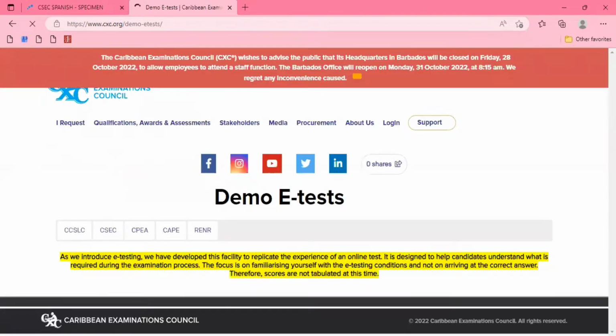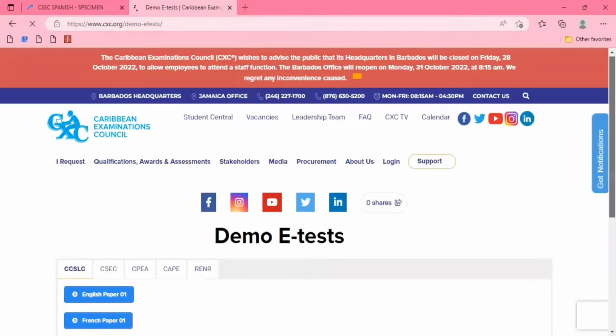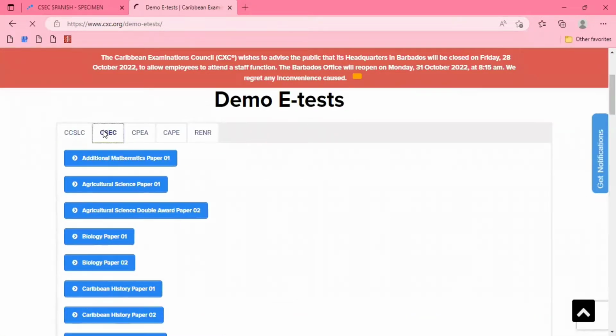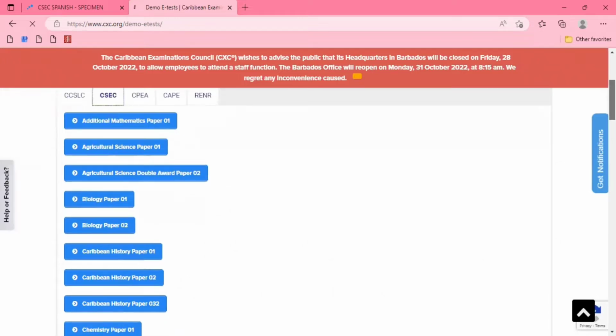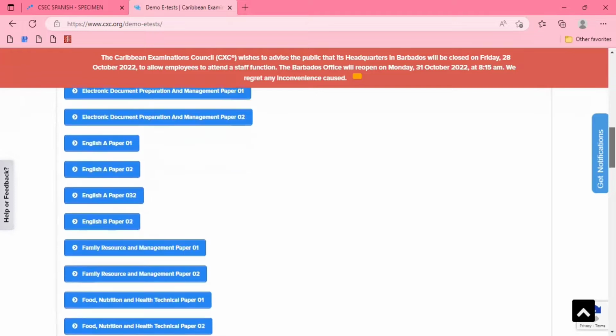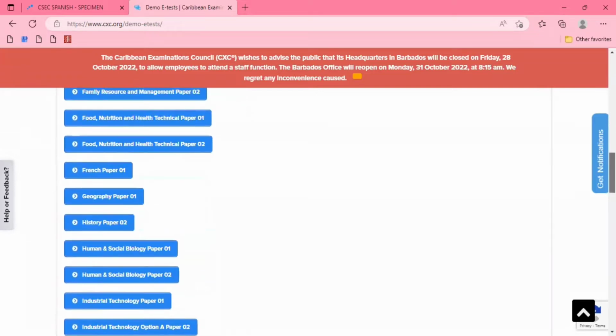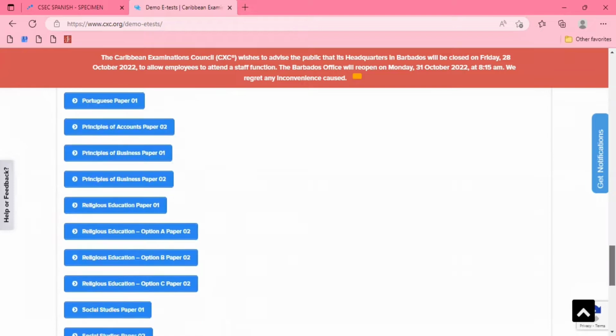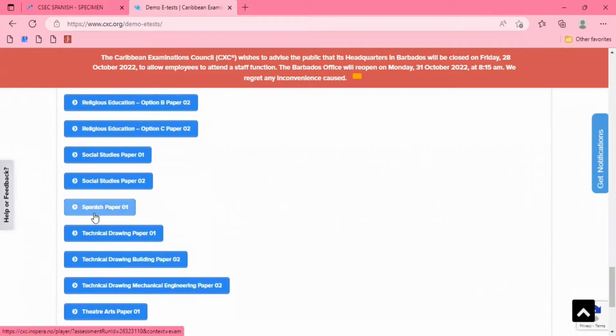Then once you're on the site, you want to select specific exam. So we're going to CSEC. We're looking for Spanish, but as you can see, there are practice exams for other subjects as well. Quite a lot of them. All right. Spanish paper 1.